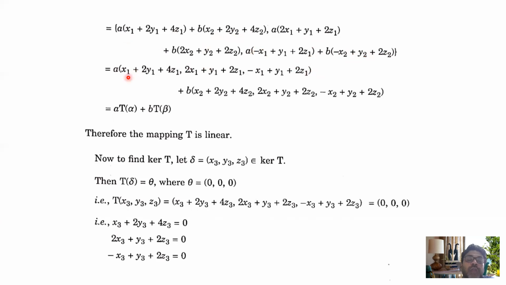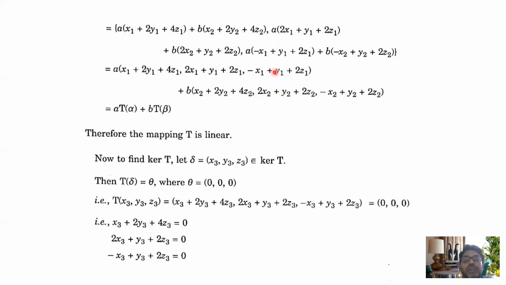Now you take common A from the first part, that is (x1 plus 2y1 plus 4z1, 2x1 plus y1 plus 2z1, minus x1 plus y1 plus 2z1). So that means A is common from the first part, this one and that one. Similarly, plus B(x2 plus 2y2 plus 4z2, 2x2 plus y2 plus 2z2, minus x2 plus y2 plus 2z2).